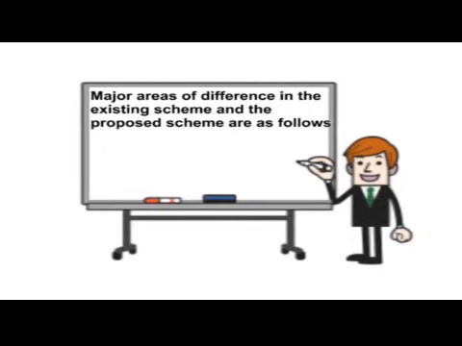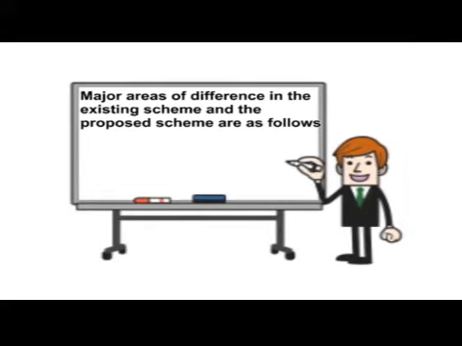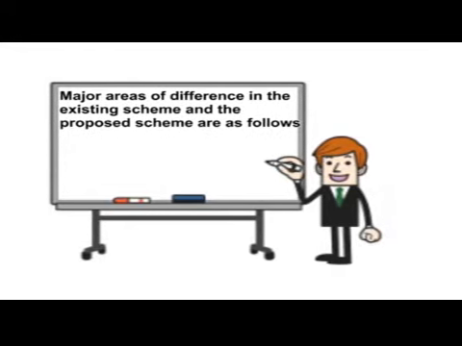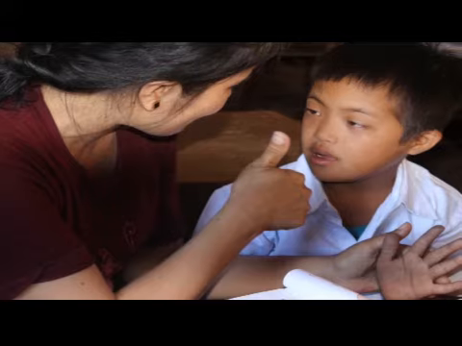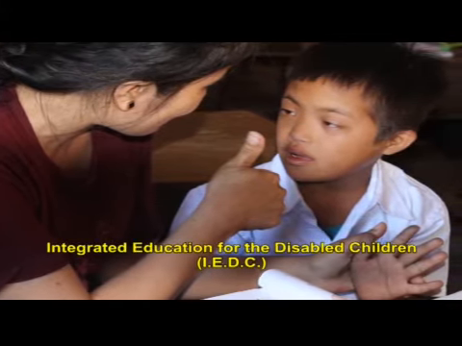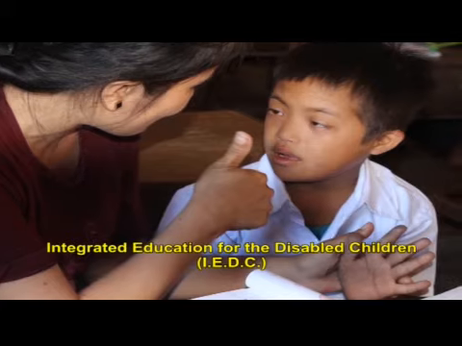Now the major areas of difference in the existing scheme and the proposed scheme are as follows. Change in the nomenclature: the existing scheme is called Integrated Education for the Disabled Children, IEDC.